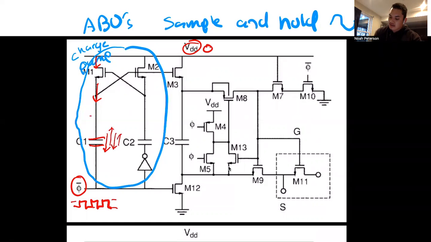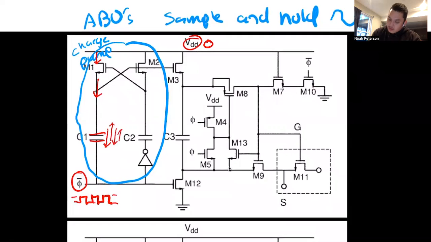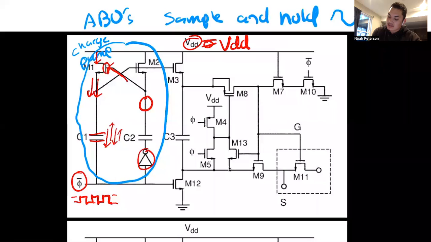It's just oscillating within this circuit, this charge pump. Eventually, given enough time, you can see there's an inverter here. Given enough time, this voltage will become high enough that the voltage on this gate allows all of this VDD to be passed to this point.